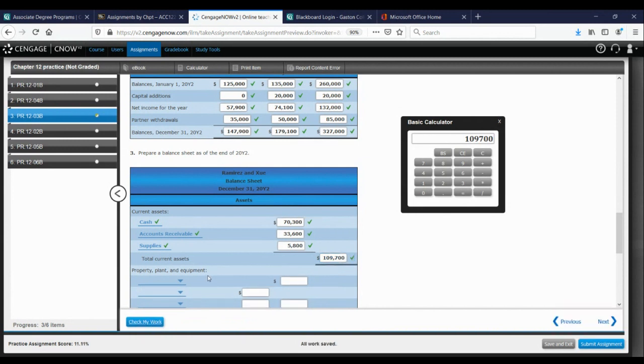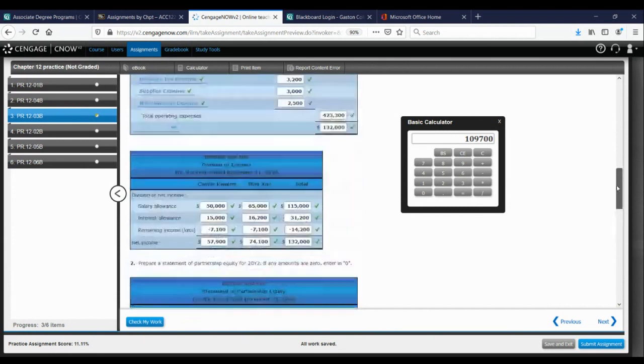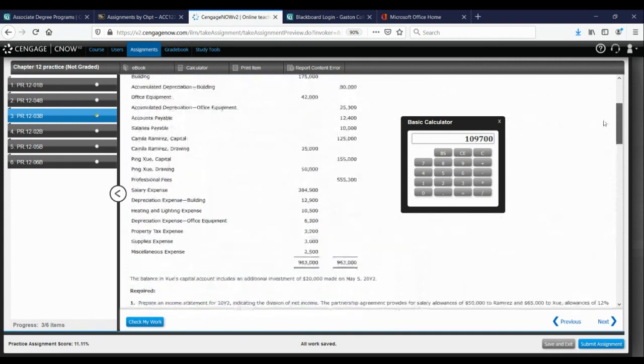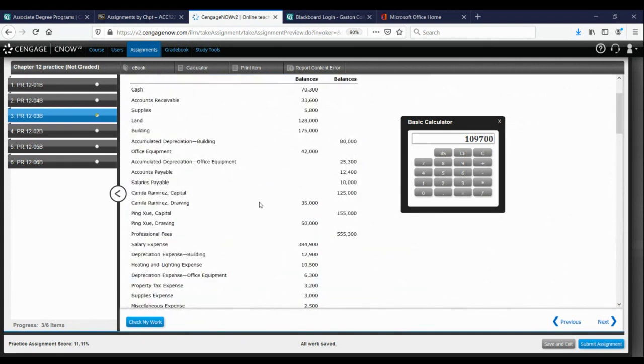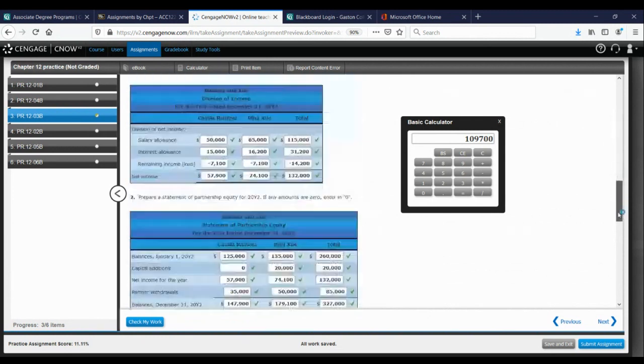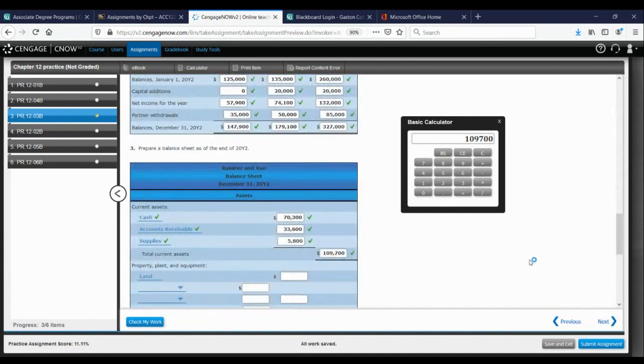The next step in preparing a balance sheet is to prepare the property, plant, and equipment section. Land is our first example of a fixed asset. Property, plant, and equipment are fixed assets, and land is $128,000. That was the cost of the land that would be recorded in our ledger.